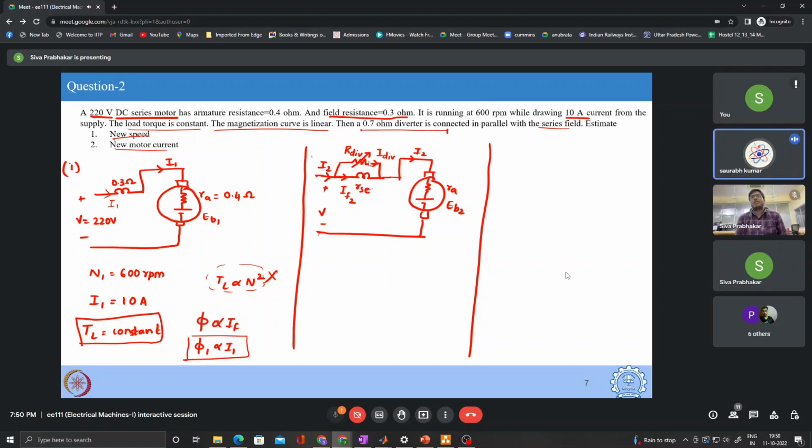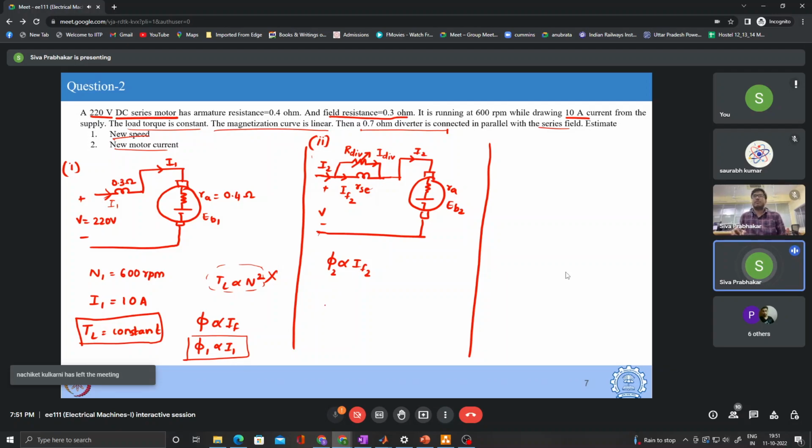Okay, proceed further. In this condition, you can write that the flux will be proportional to IF2, right? So in the first case, phi1 was proportional to the supply current I1, and in case 2, the flux phi2 is proportional to IF2.